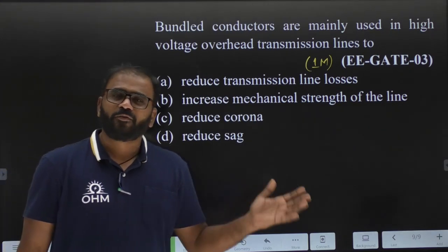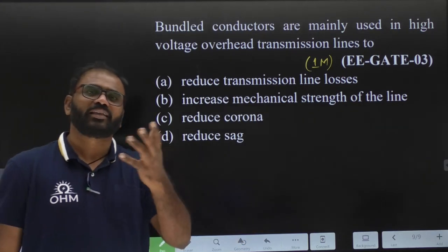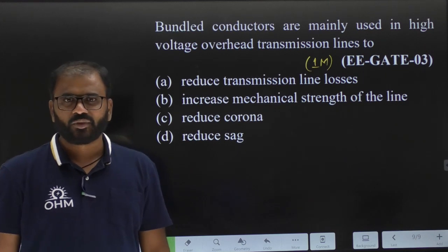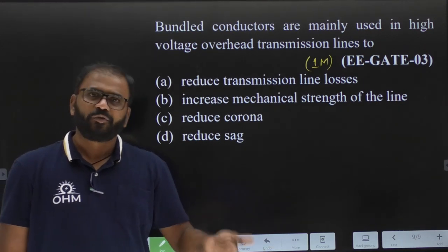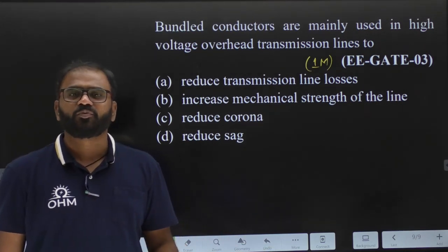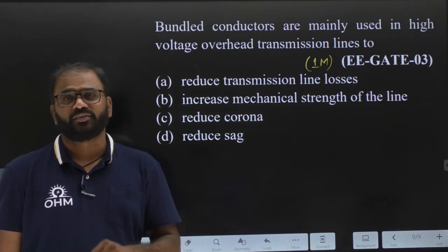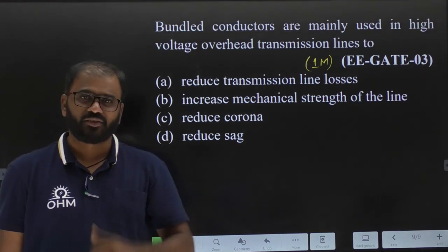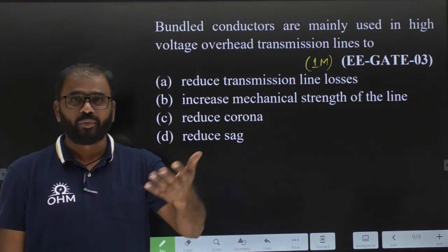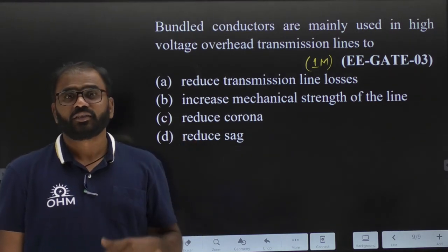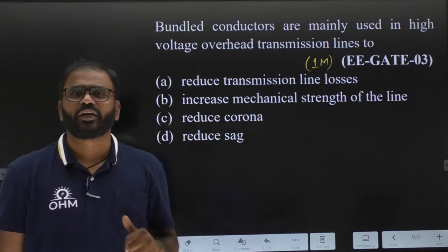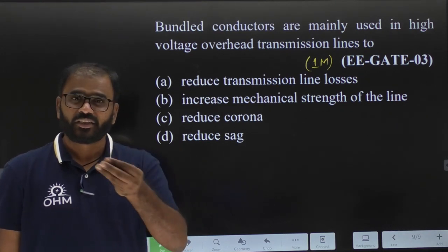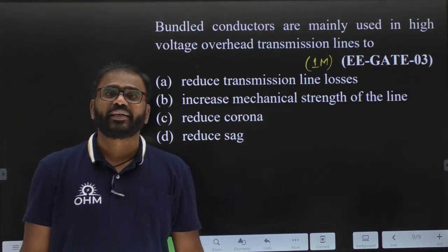But apart from reduction in corona, there are so many other advantages of bundle conductors. Because of bundle conductor, just now we discussed, GMR increases. GMR increases means inductance will decrease, capacitance will increase, surge impedance root over L by C will decrease, and surge impedance loading will increase. All these are advantages. Even if inductance decreases, reactance of the transmission line decreases.